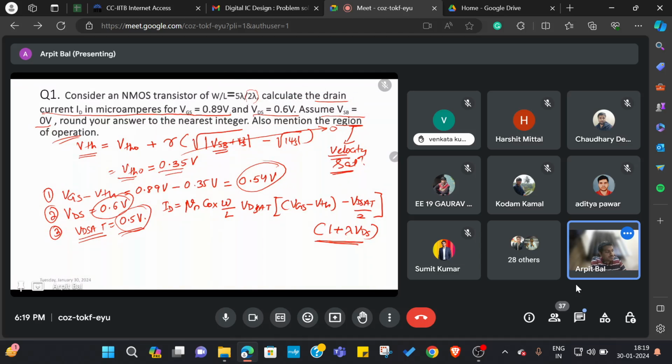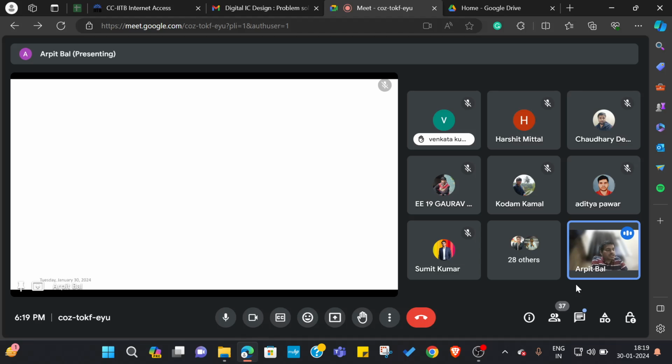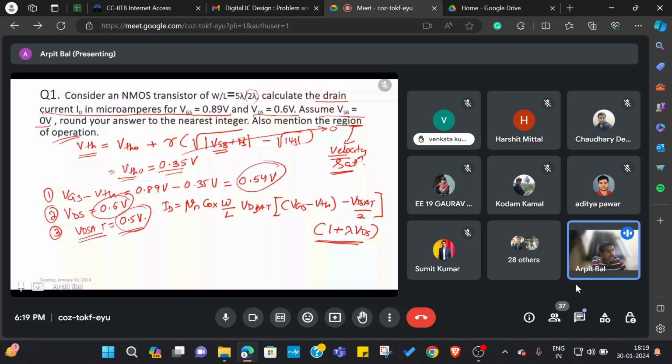Using this equation, another thing: mu n Cox is represented as Kn dash.